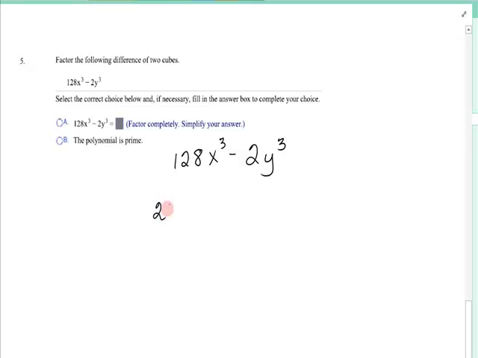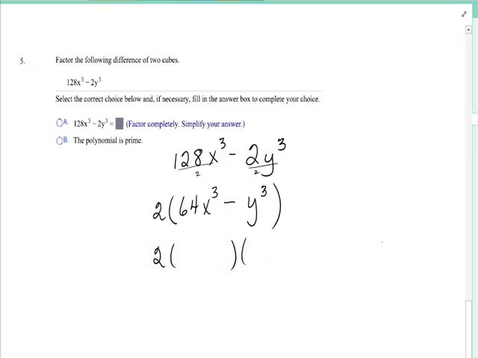So I factor out the 2. 2 goes in there 64 times, so it's 64x cubed, minus 2 goes in there, canceling that out, and I have minus y cubed. So if you had needed to, you could have put your little 2 up there. Is this new binomial squares or cubes? Well, it's cubes. I can factor that.